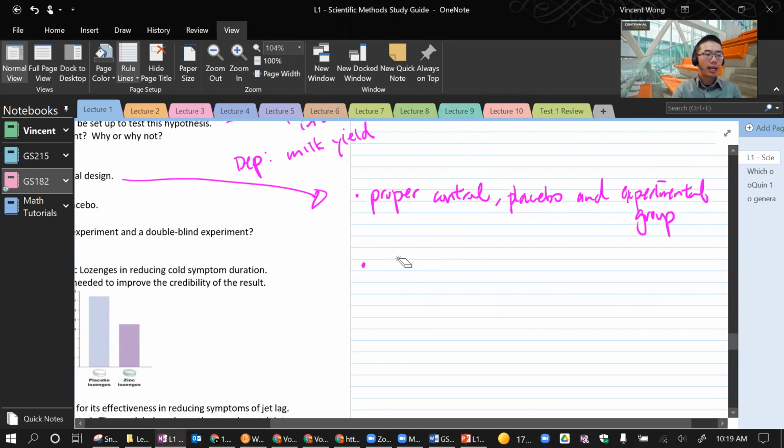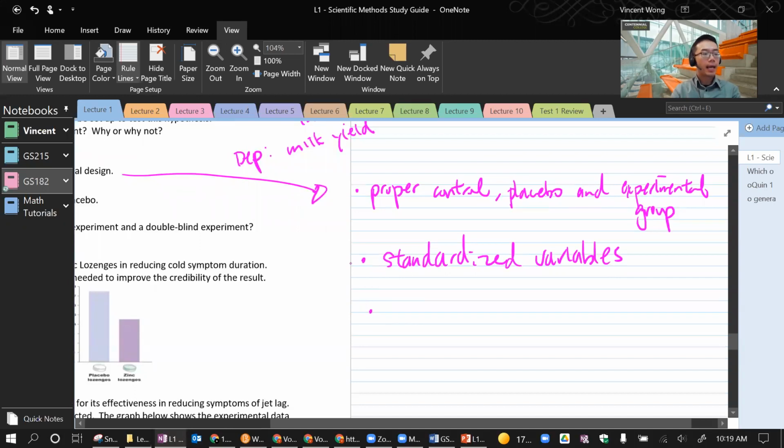You want to make sure that there are standardized variables. And we want to have randomized participants.